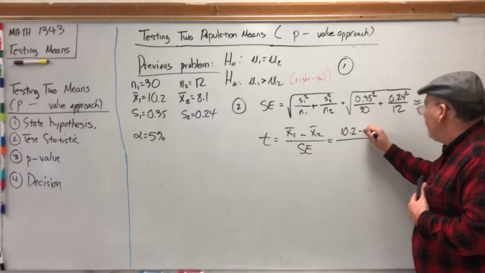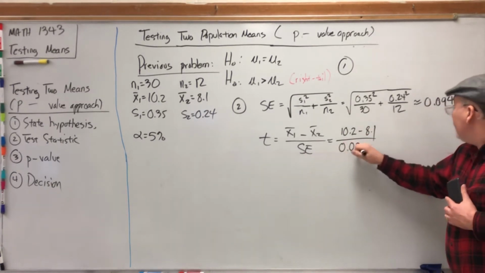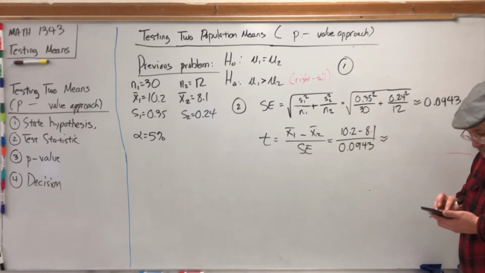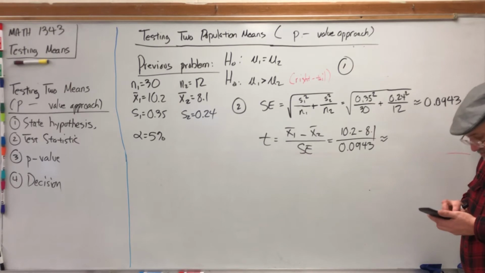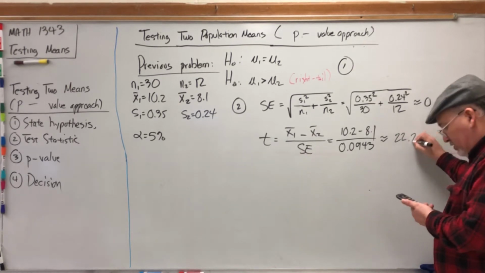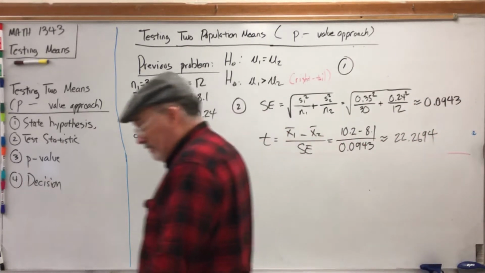Our second sample mean was 8.1. Our standard error was 0.0943. And I remember we got a really large number. It was like 22 point something, which in some contexts is not a large number. But in terms of Z and T scores, 22.2694 is a crazy large number.